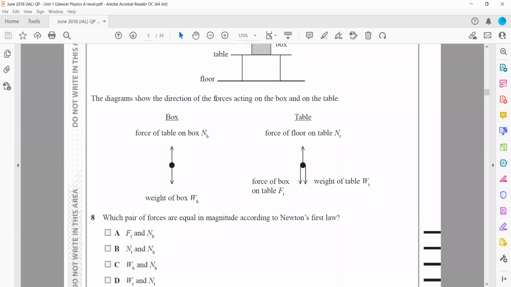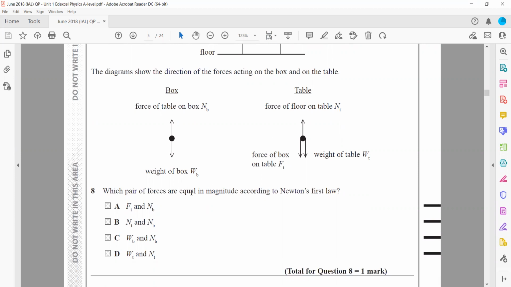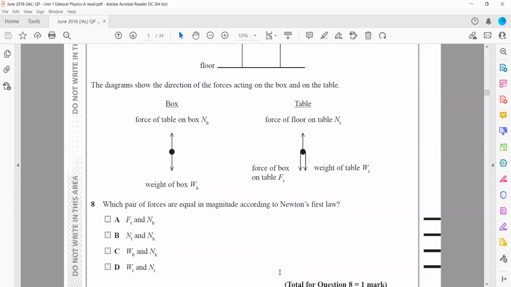So as a result, what is happening? If we work out which one could be the right expression, because the box is stationary, according to Newton's first law, I can say there is no resultant force.